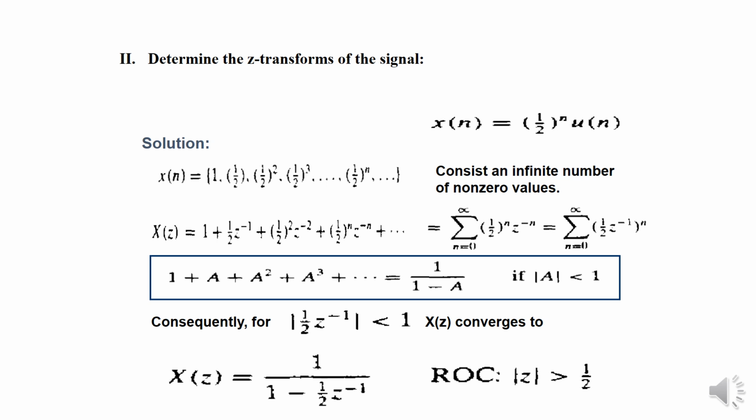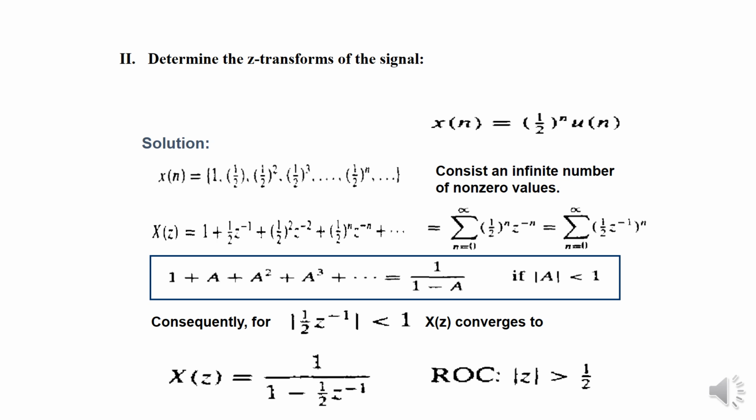And this we can write only when the magnitude of 1 over 2 z to the power minus 1 is less than 1, because the magnitude of a must be less than 1. So if we further simplify this, we can write it as the magnitude of z larger than half. That is the region of convergence of this z transform.